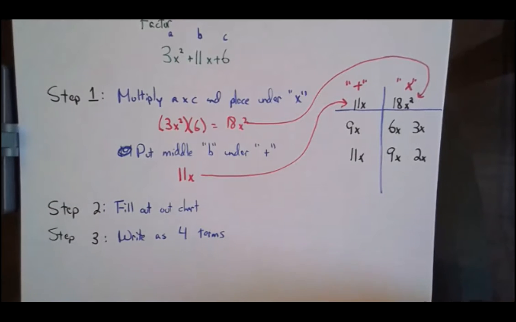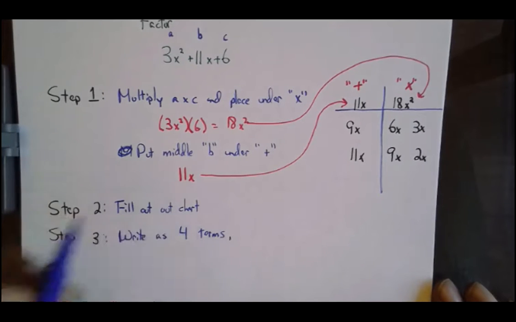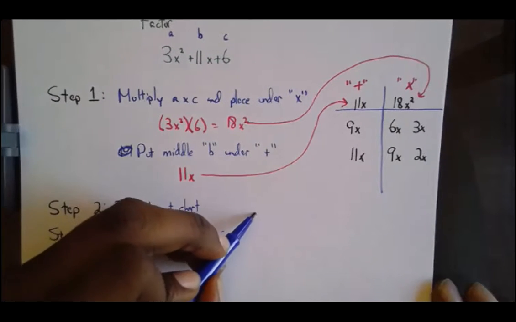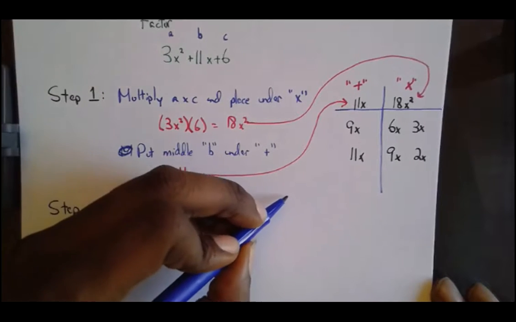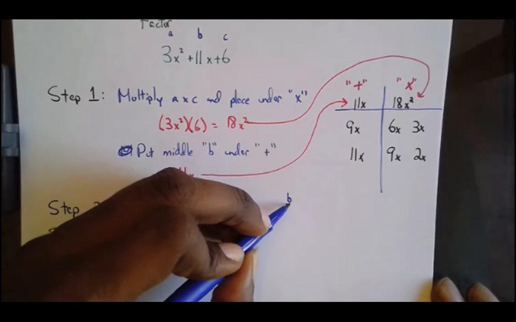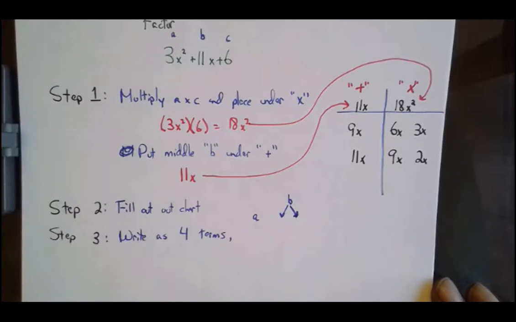You're going to write this as 4 terms. The first number will be A. The second and third number will be B. They'll come from the chart.